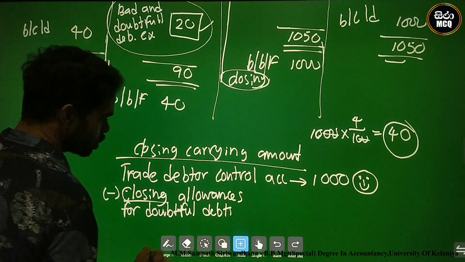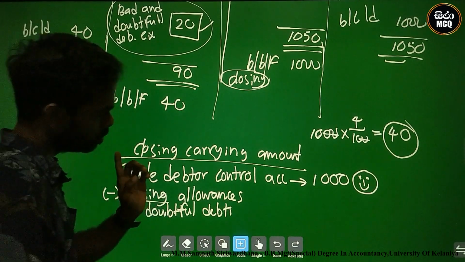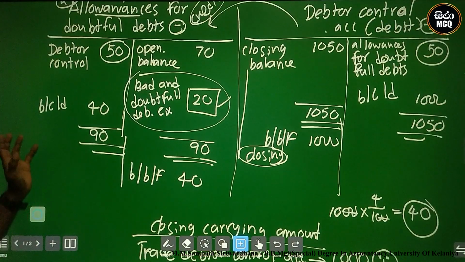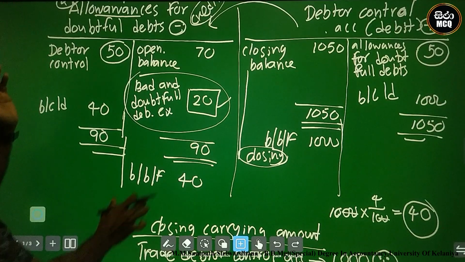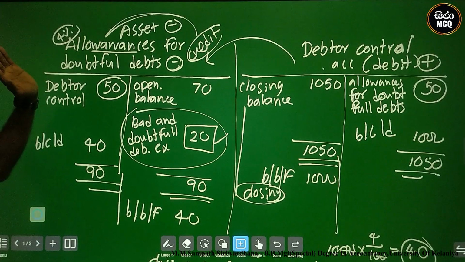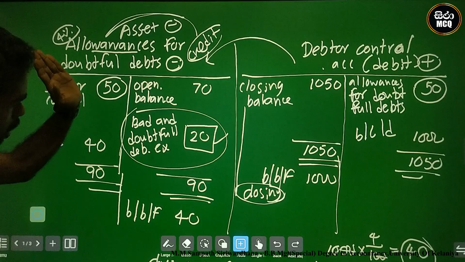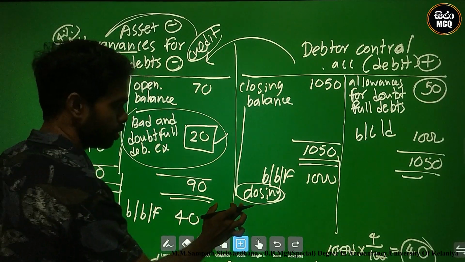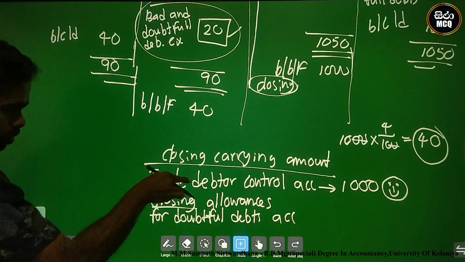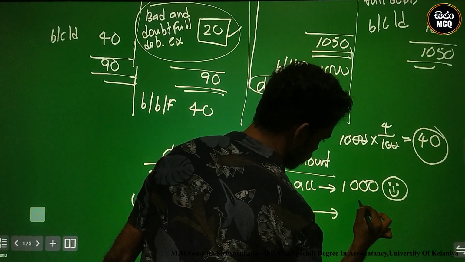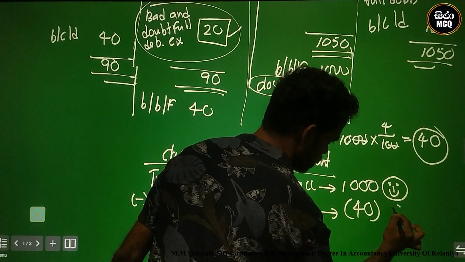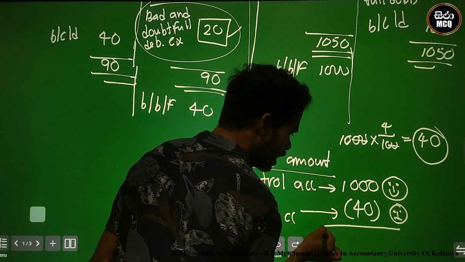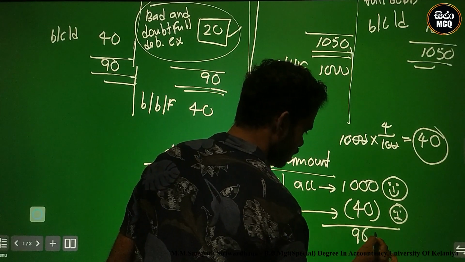The closing balance of the allowances for doubtful debts account. What is the doubtful debts account? It means unhappy person. The allowances for doubtful debts account final balance, the unhappy person, is finally 40. We must extract this in the calculation. 40 means minus. This is the unhappy person. The net impact, net carrying amount, means 960.